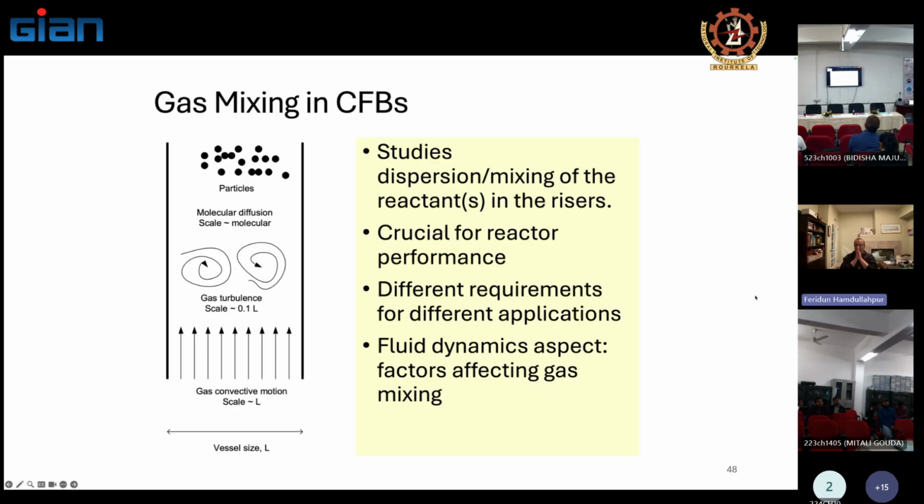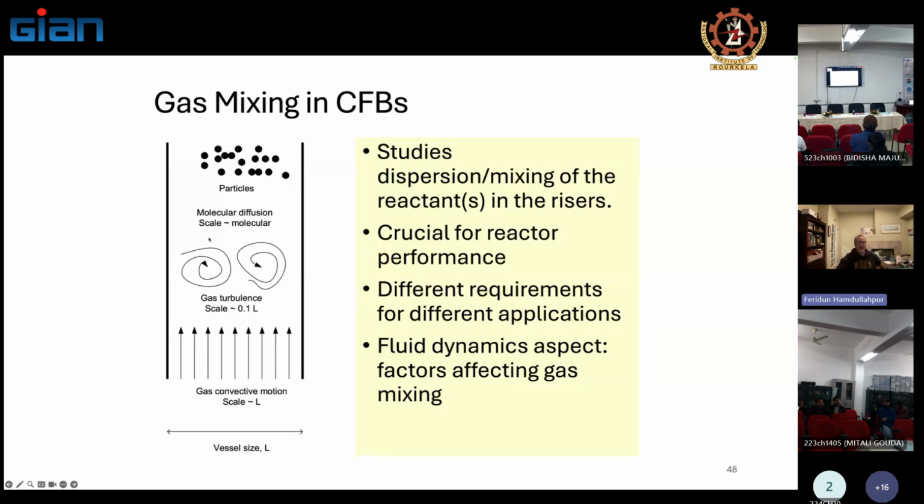Since in CFBs we said the bubbles are no longer present. We kind of broke all of them down, and they are now present in the scale of eddies. Gas turbulence scale is 0.1, a tenth of the vessel size.